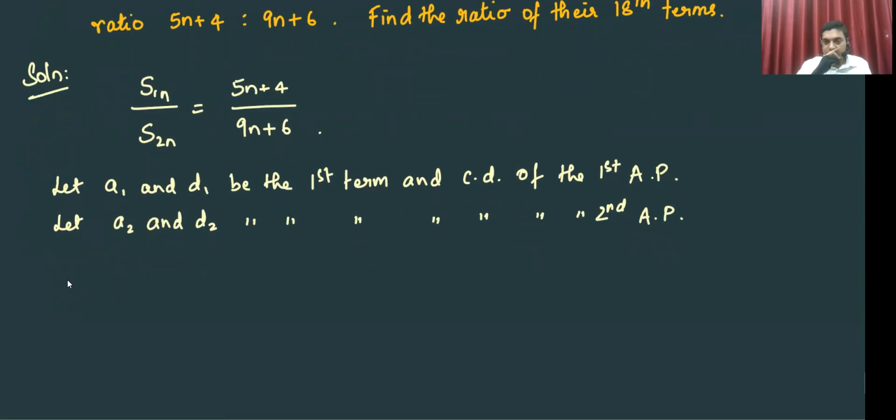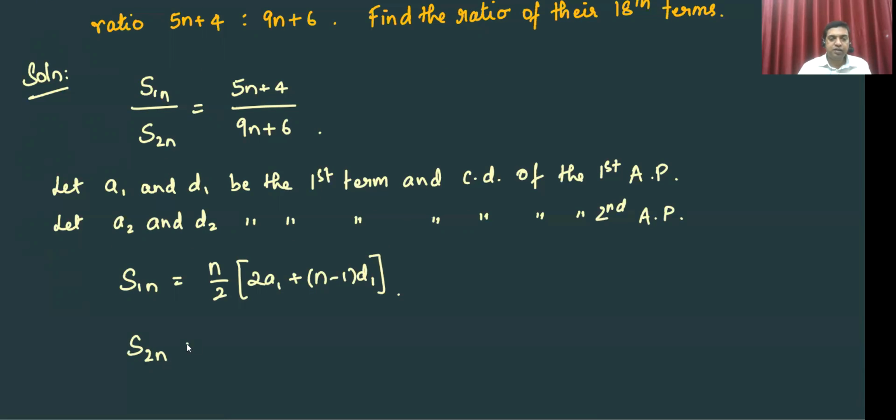All right. So then, the first is S1n equals n by 2 into 2a1 plus n minus 1 times d1. S2n is n by 2, 2a2 plus n minus 1 times d2.